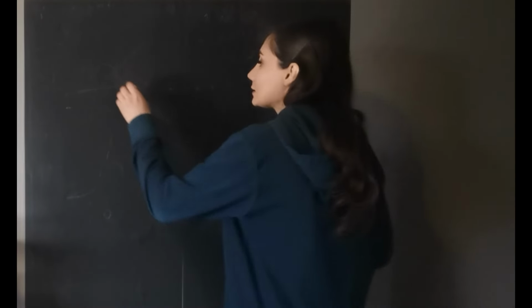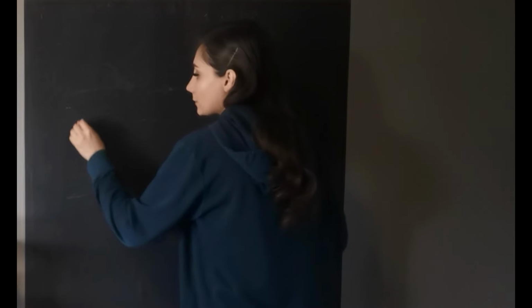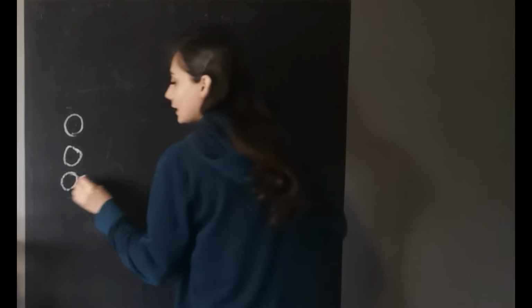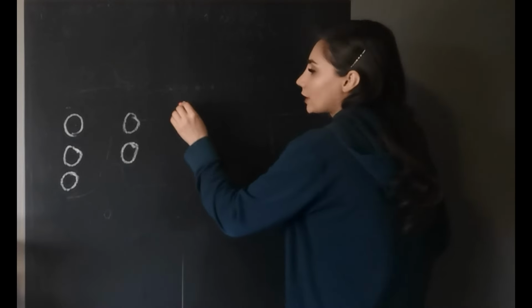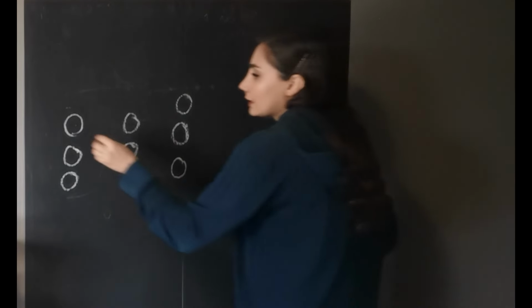So let's first draw our neural network again. For example, I have 2 or 3 inputs, and then I have one hidden layer with 2 neurons, and then I have my output, which is going to be 3.